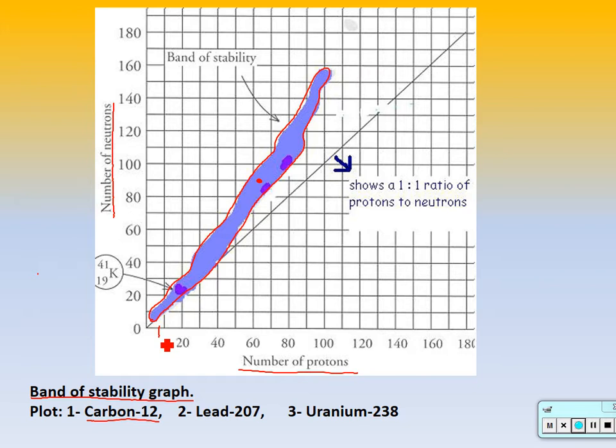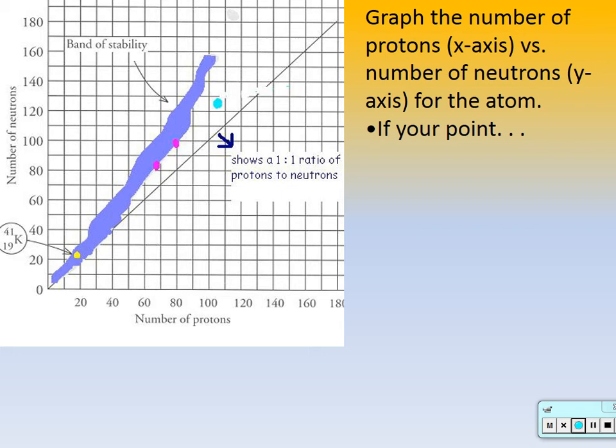How many neutrons would carbon-12 have? 6. So again, just a little bit below there. We plot it, maybe right there. Is it on that band of stability? Yeah, it's on the band of stability. And so you would keep doing that for lead-207 or uranium-238, and that's what we're going to do in the coming slides.